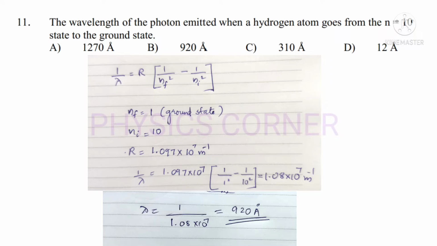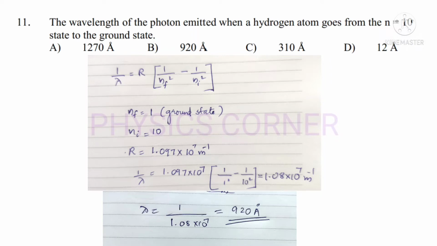1 by lambda is equal to R into (1 by nf square minus 1 by ni square). Here R is the Rydberg constant, nf is the final state of the hydrogen atom, and ni is the initial state.